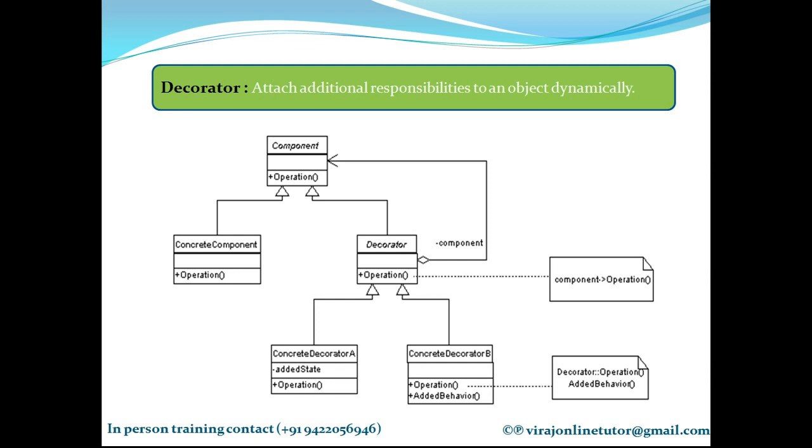So in this UML diagram that I have on the screen here, there is a component base class, from which I am inheriting concrete component which I am planning to decorate. From the same component class, I inherit decorator. Now this is a decorator and I have concrete decorators.